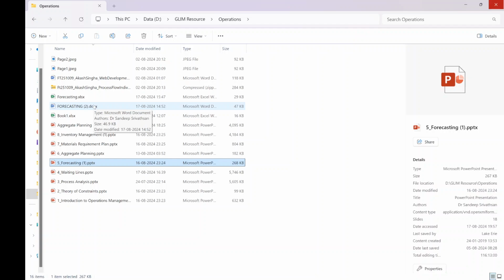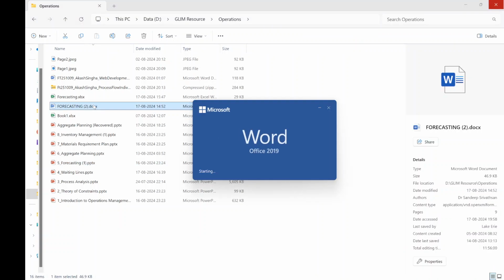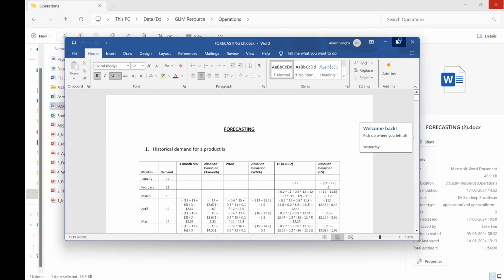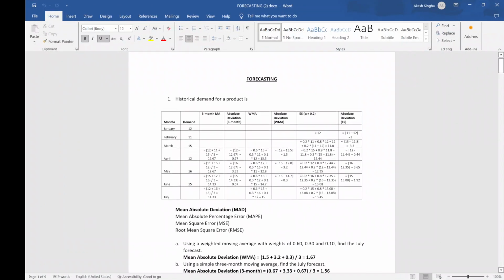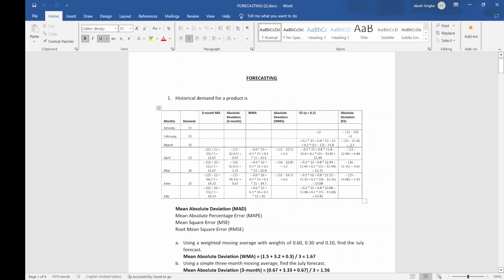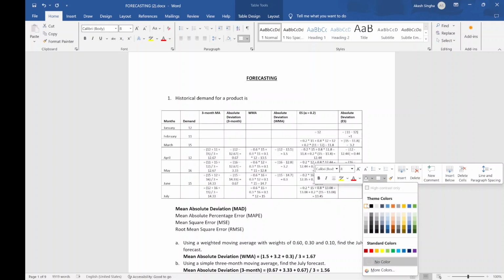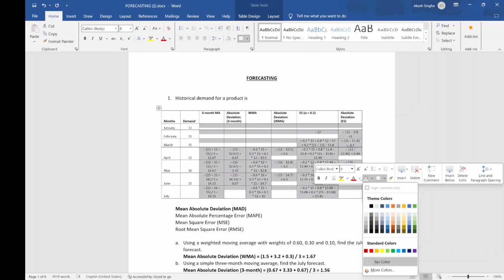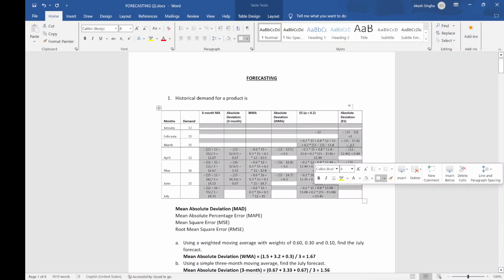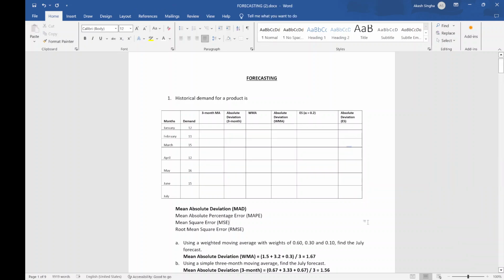So for the mathematical problems, we have this file. In this file, these things were not given. I'll do kind of like MA magic.